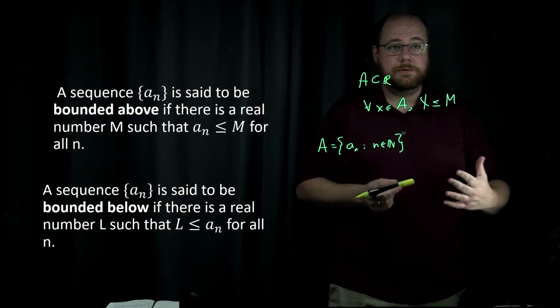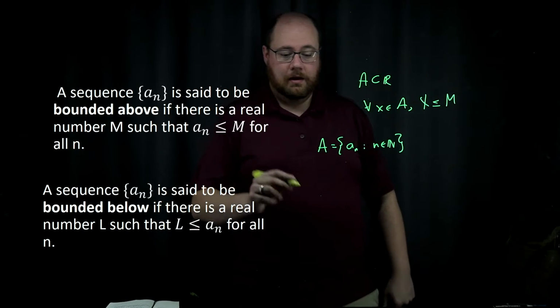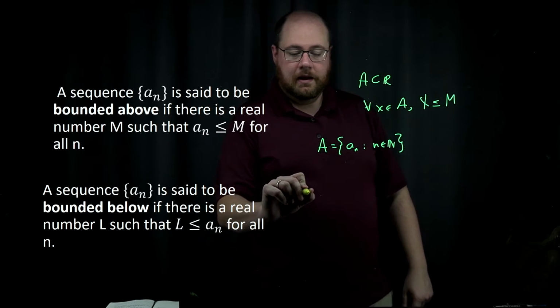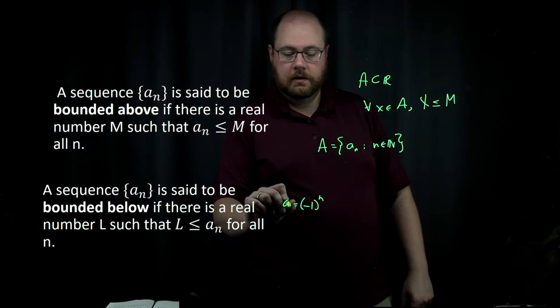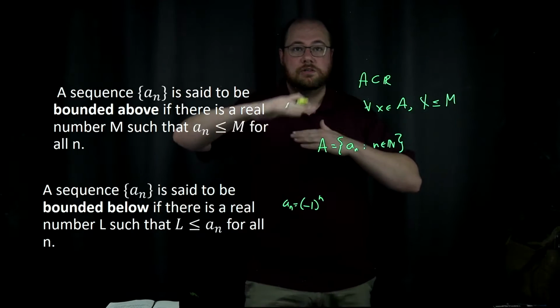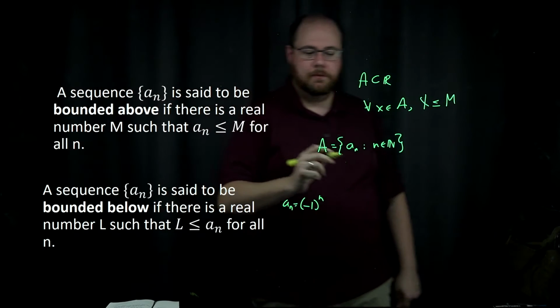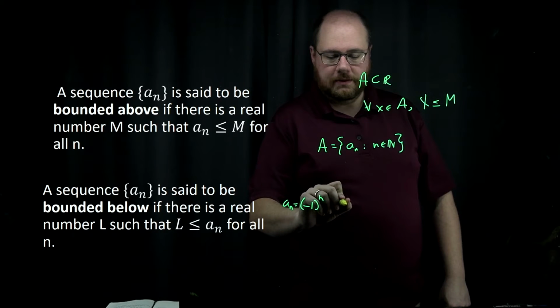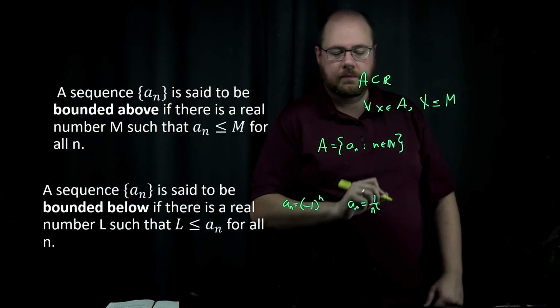So not every sequence is bounded in any way. Some sequences are. If I think about it this way, the sequence (-1)^n is a bounded sequence because it just bounces between -1 and +1 forever. Okay. The sequence a sub n is equal to 1 over n squared.